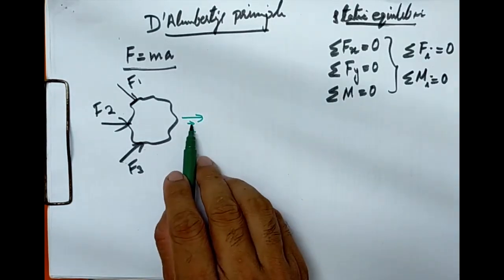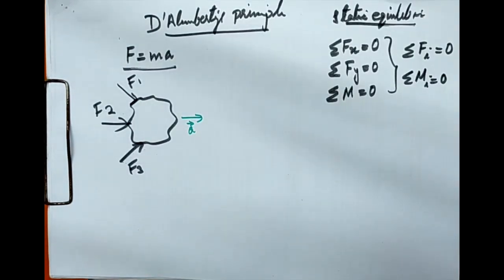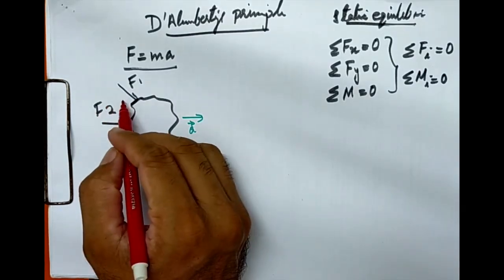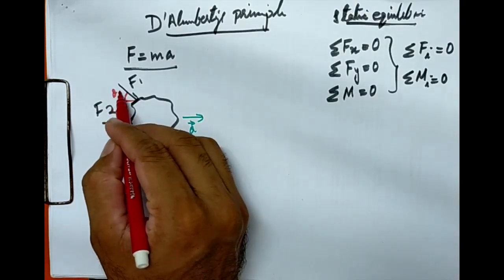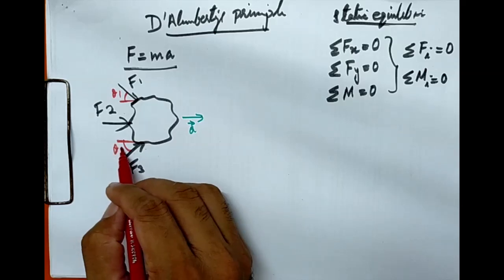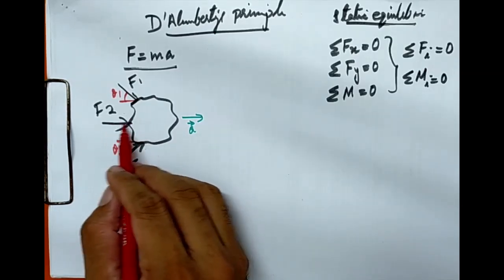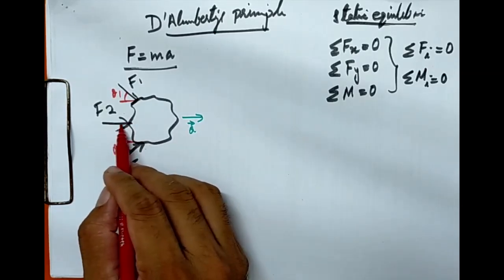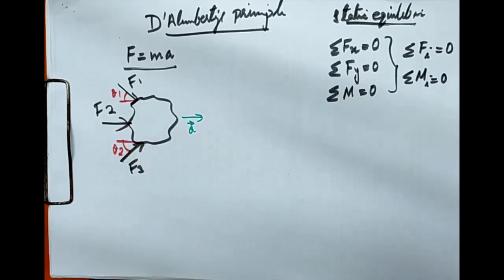I use this arrow at the top because acceleration is a vector. Now let's consider there are some angles. Say this angle is θ1 and let this angle be θ2. Let the angle that F2 makes be 0 with the horizontal.